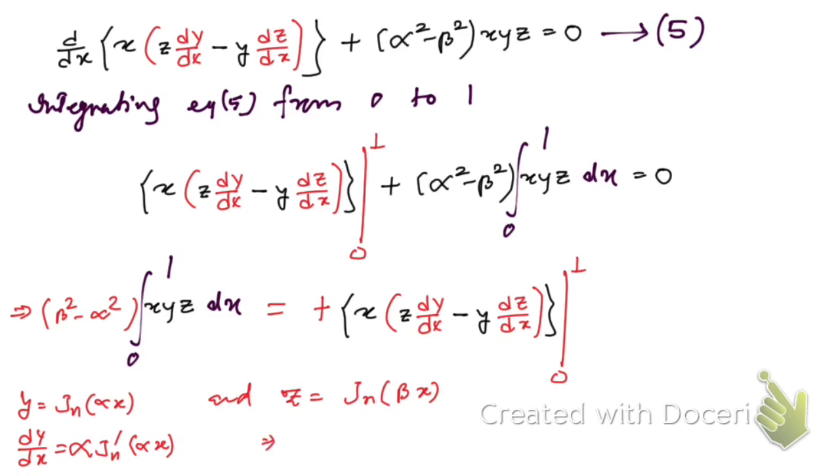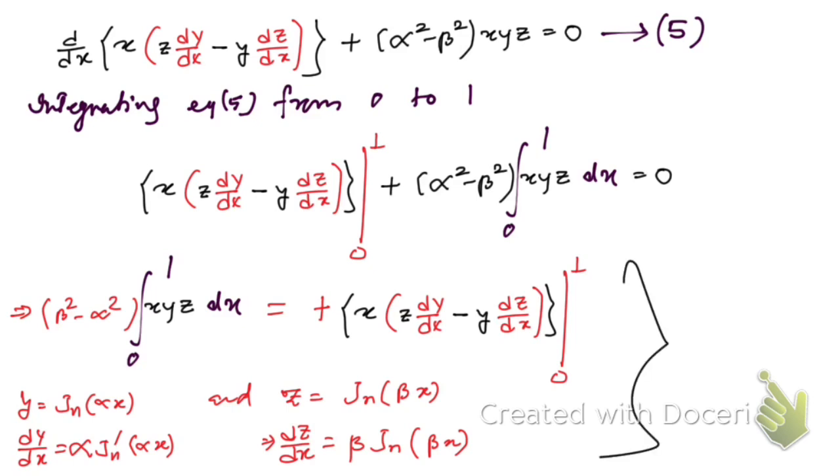Similarly dz by dx is going to be beta Jn dash of beta x, right? Hope you have understood this. Now let me replace these by these results.